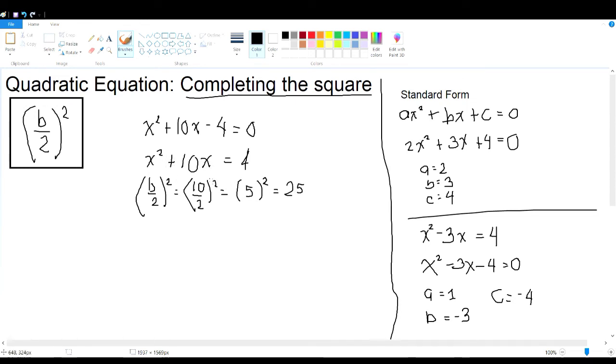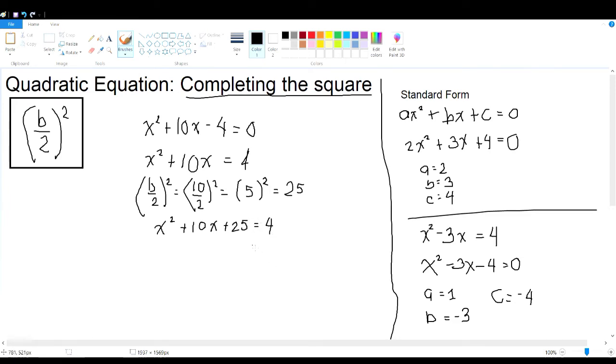It will make this part a perfect square factor or perfect square equation. So, you have to write x squared plus 10x plus 25 is equal to 4.